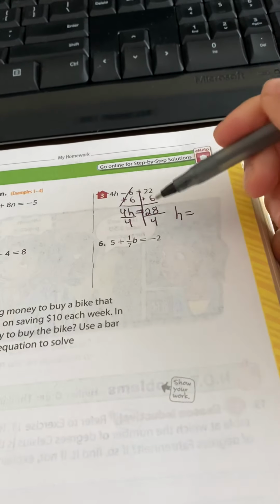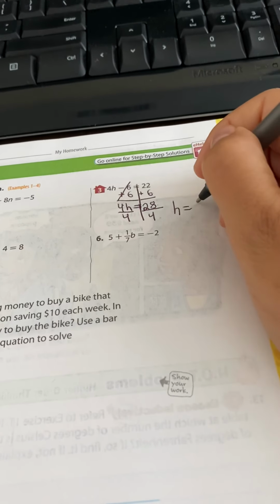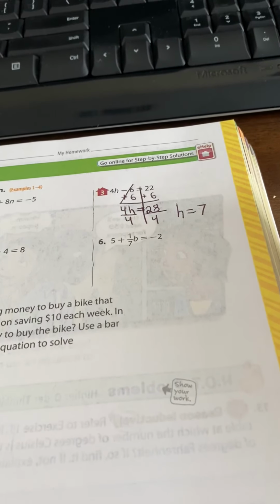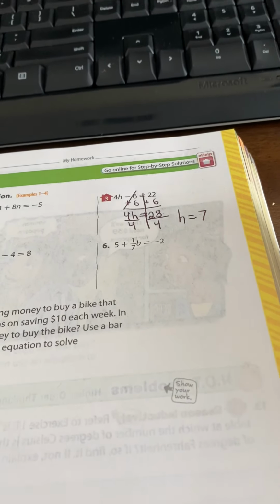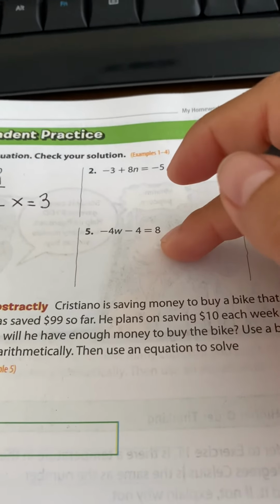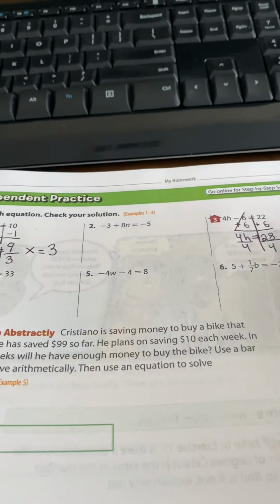Now when we divide 28 by 4, that would be 7. H equals 7. Okay, so we're gonna go down to number 5. So all I'm doing is doing the odd numbers pretty much, okay?